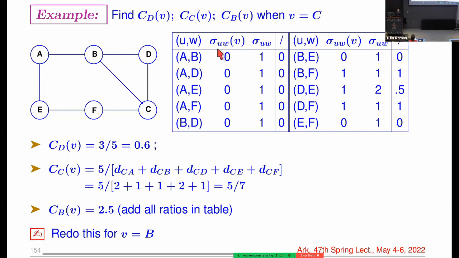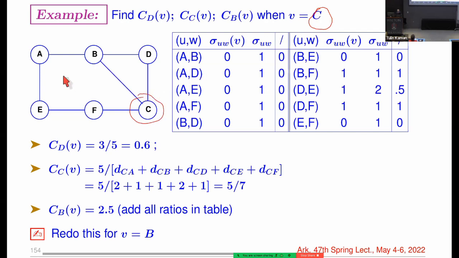Now the number of paths that go from U to W, from A to B, that go through V. V here is C. V is this one here. This is what I'm looking for.